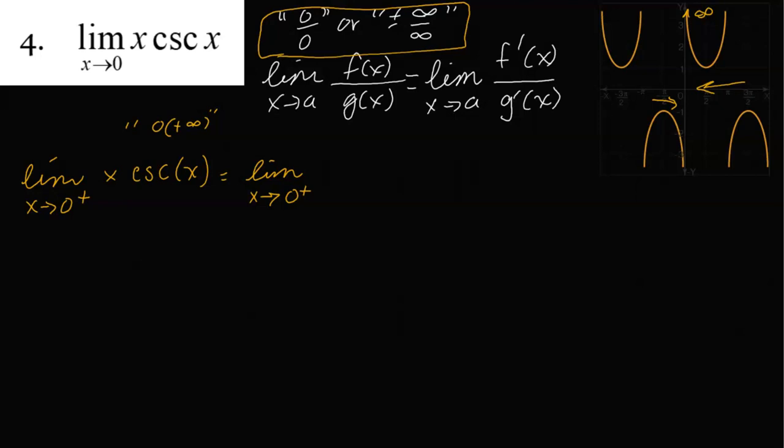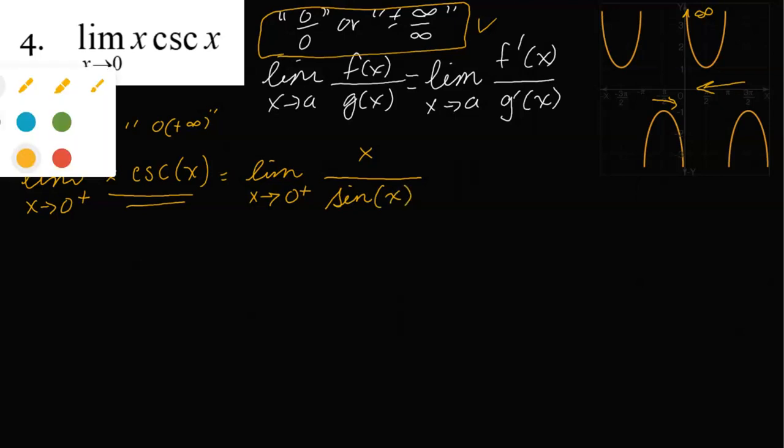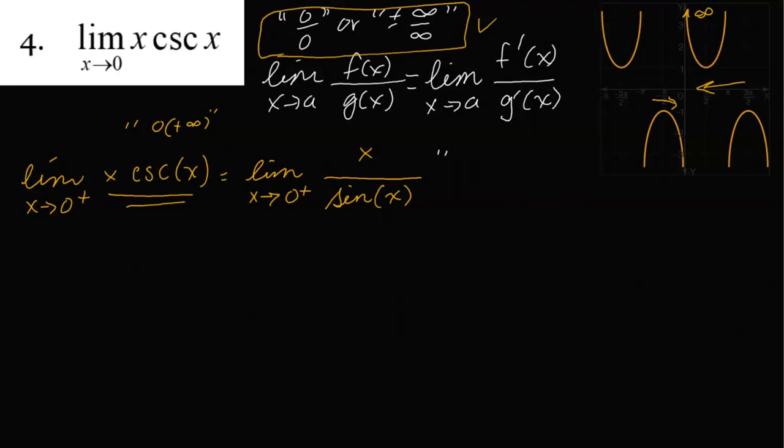So let's go ahead and apply L'Hopital's rule. I'm going to transform the way this looks to make sure it's of the right form. This would be x divided by cosecant, and cosecant is 1 over sine of x. So we have the form x over sine of x, which is 0 over sine of 0, and sine of 0 is 0 as well.